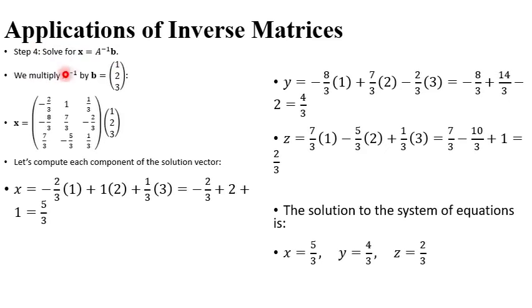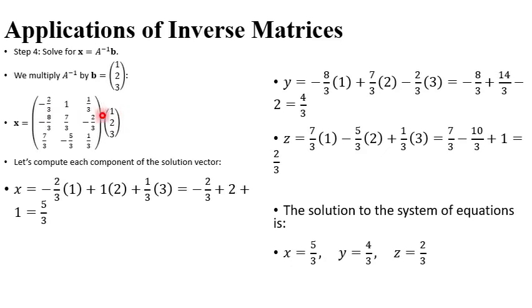So then this is the inverse of matrix A as determined in the previous slide, and this is the solution vector in the matrix form. Okay, so when you multiply this by this 3 by 1, all over 3, that will be the solution to x.